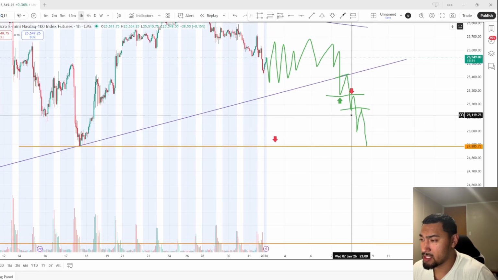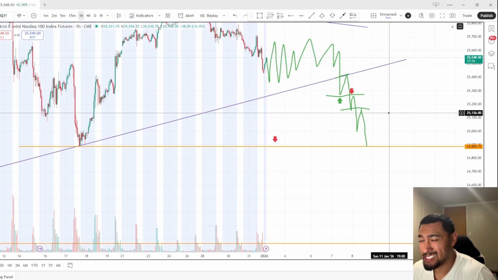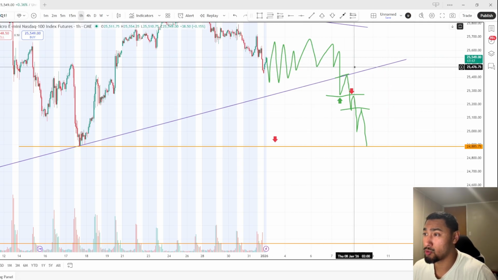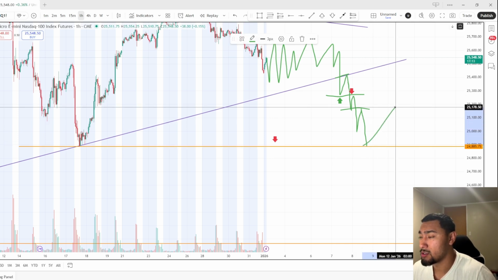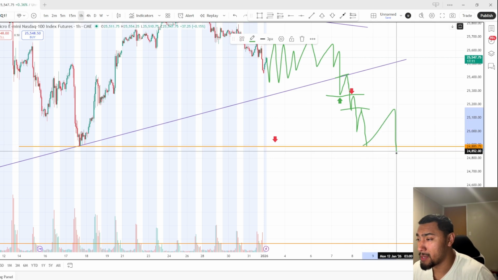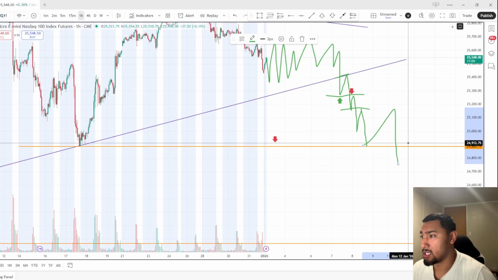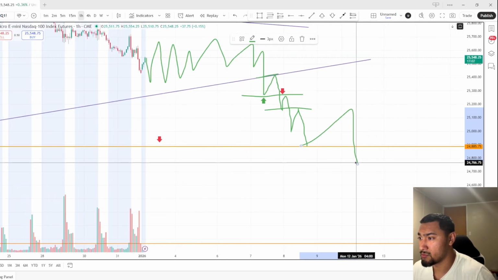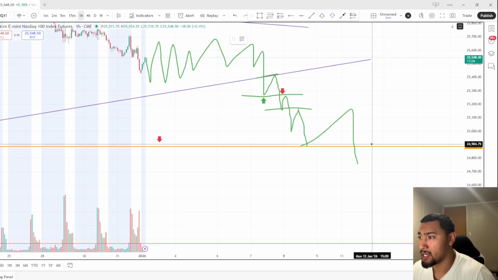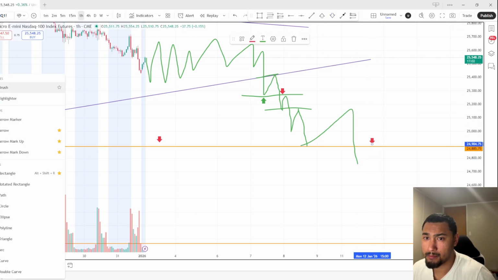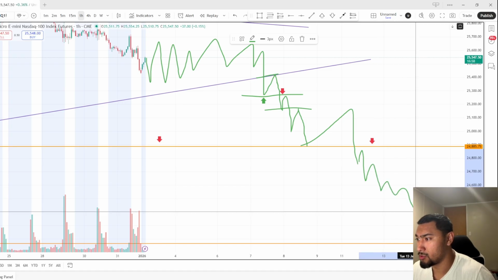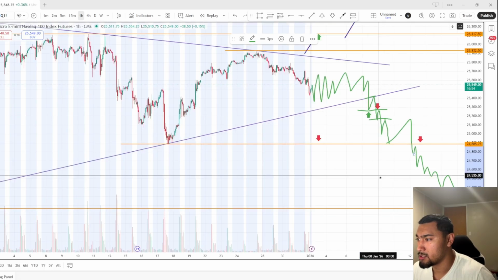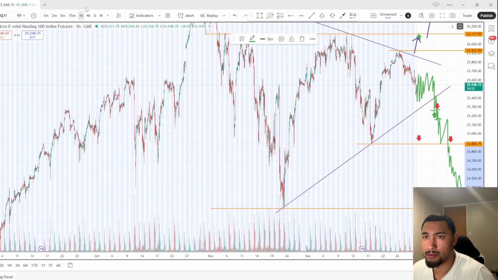The likelihood of us bouncing here is probably not likely after we broke this, but we could get a bounce and then come back and just demolish it, right? If we come back and demolish this level, same thing. Come back, short this pop. Boom, short everything, all the way back down to this next level at 24,160.